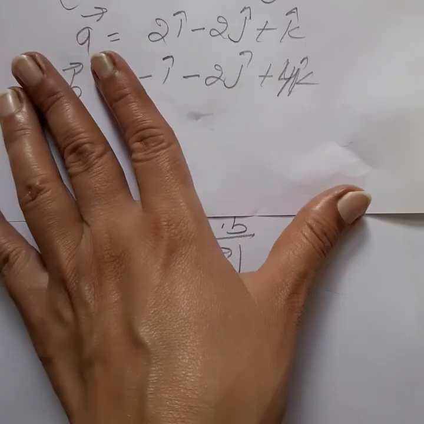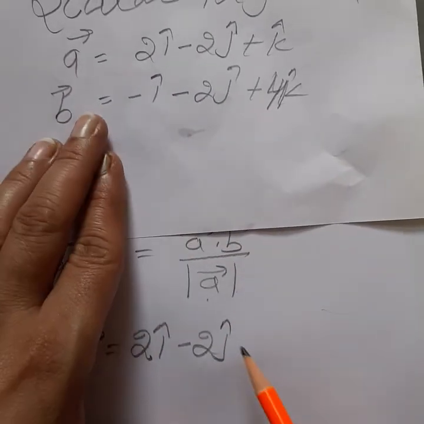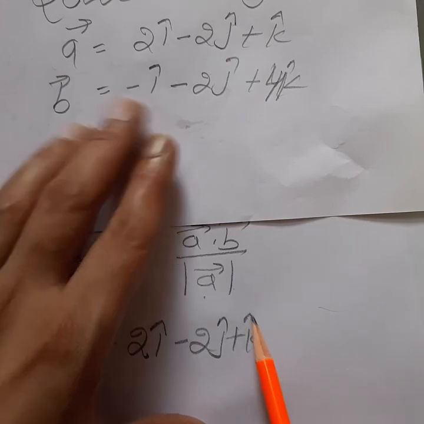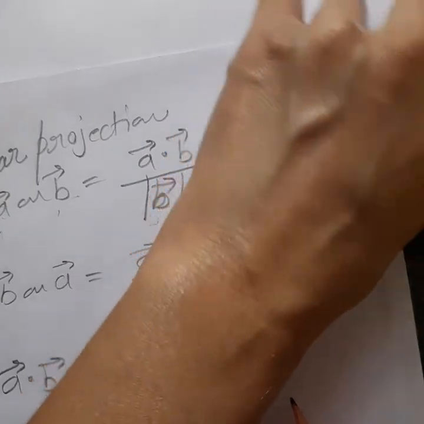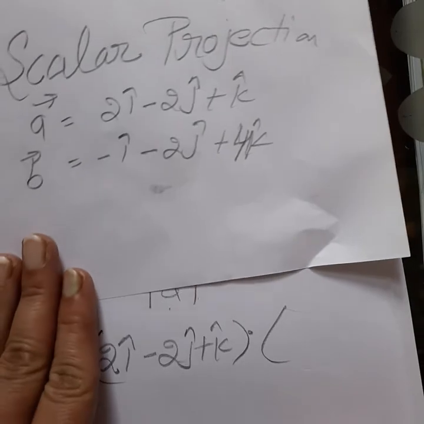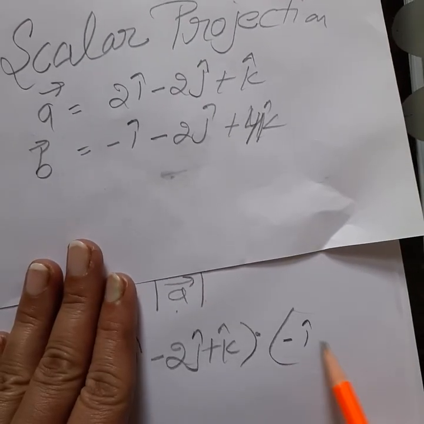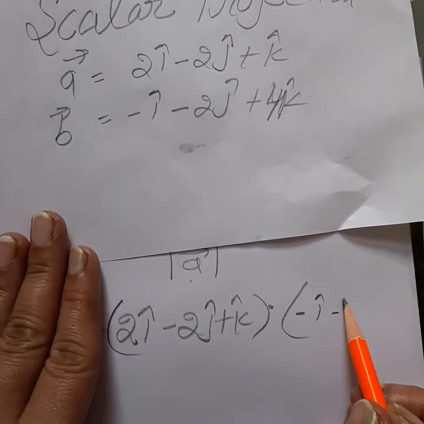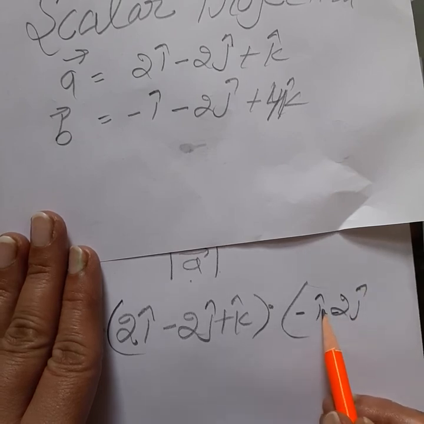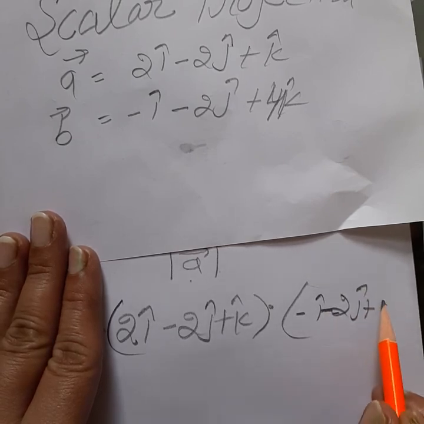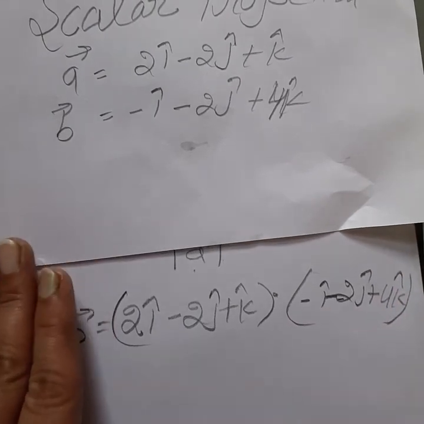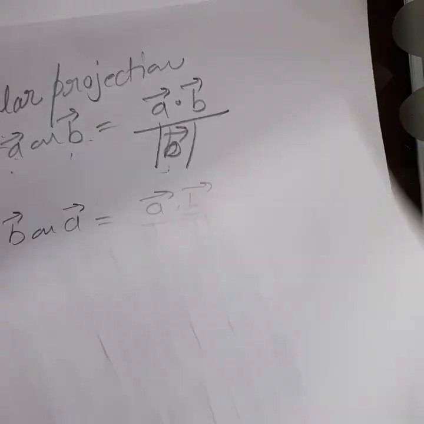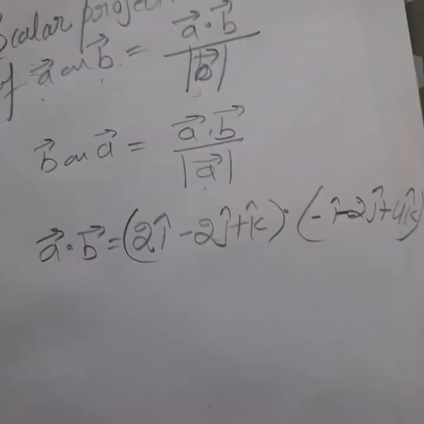We can see from our question, that is 2i minus 2j plus k, with the dot product of minus i minus 2j plus 4k.